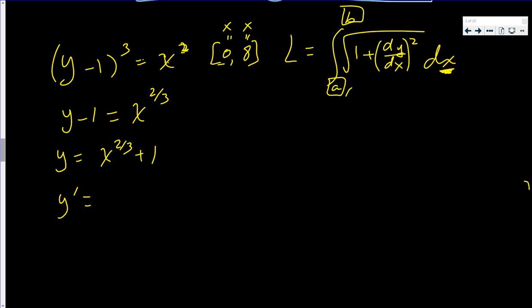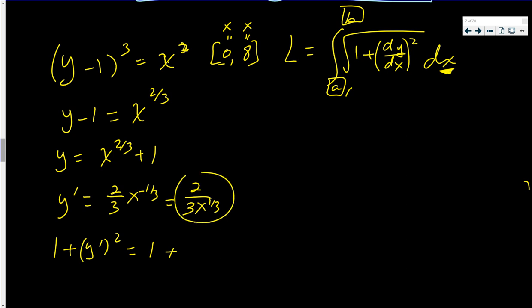So then y prime would be 2/3 x to the negative third, which is 2 over 3x to the third, and 1 plus y prime squared. Well, there's the 1. I'll square the y prime, and I'll get 2 squared over 3 squared times x to the 1/3 squared, which is x to the 2/3.